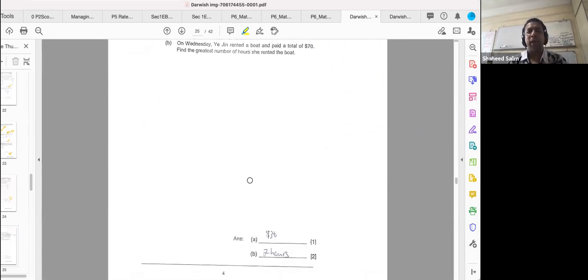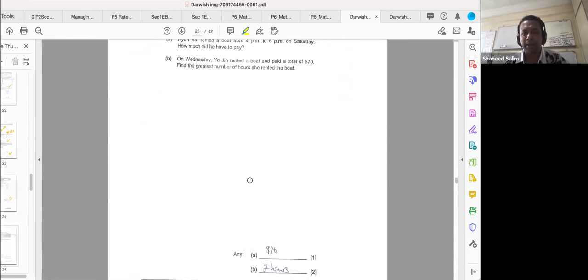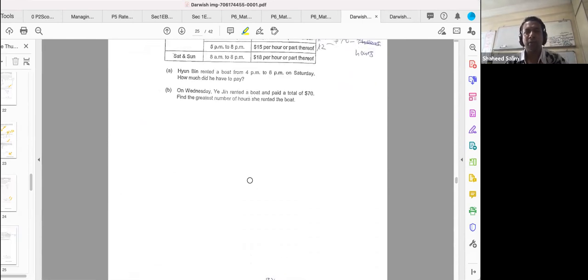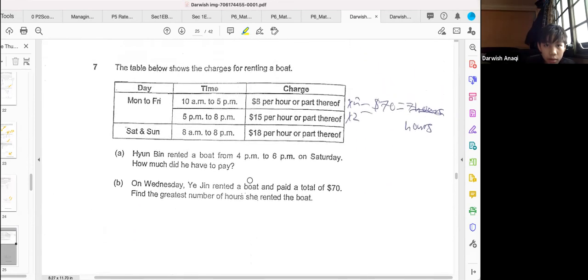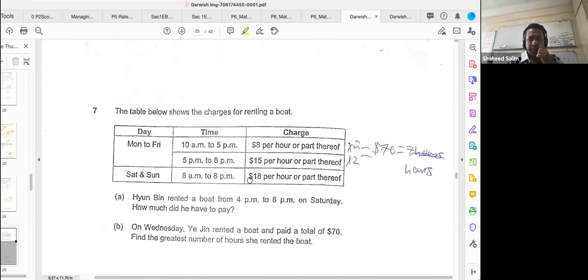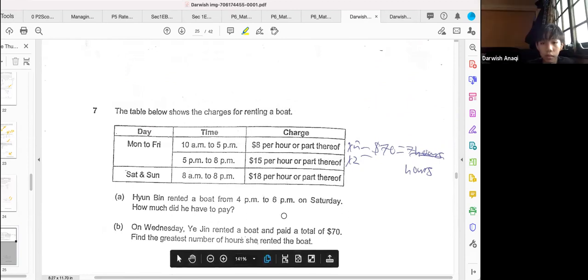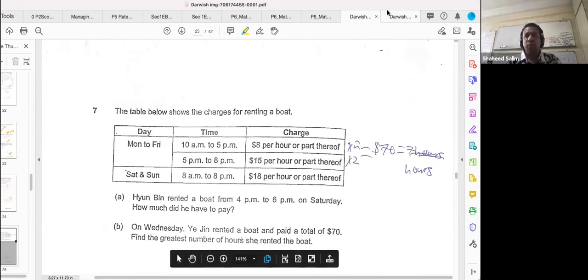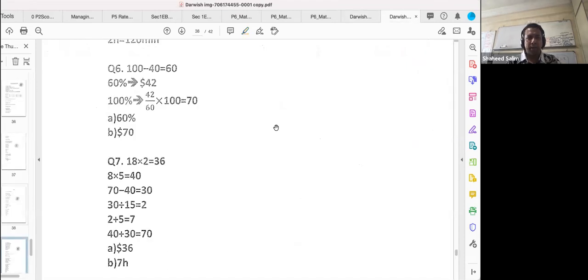No working. How do you get 36 or 30? 36, $18 per hour. I times by 2. Times by 2. Oh, miscalculation. Okay, hold on. Times by 2. So what did they say? 36 is correct, right?